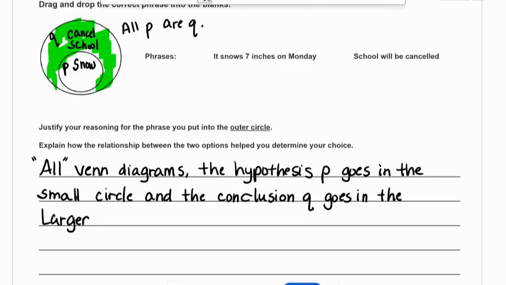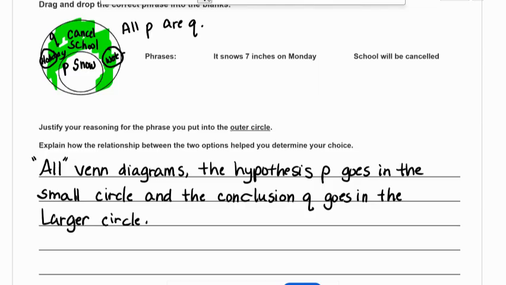And then we really wanted you to elaborate on this thought. Why should Q go in the larger circle? And the reason is there are a lot of other reasons for school to be canceled. Y'all, school could be canceled because of water issues. School could be canceled because it's a holiday. There are lots of other reasons that school could be canceled.